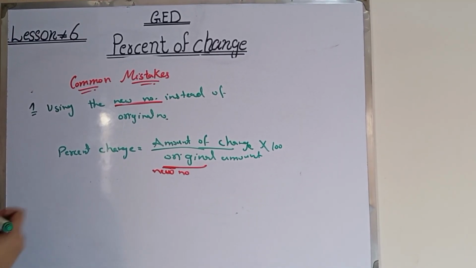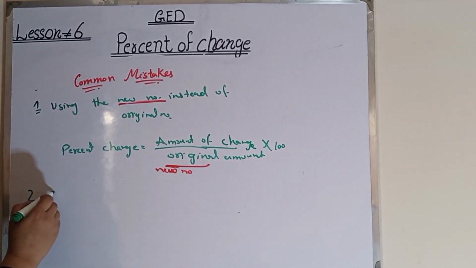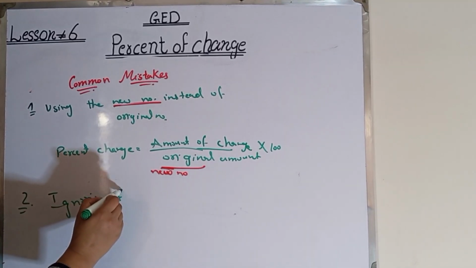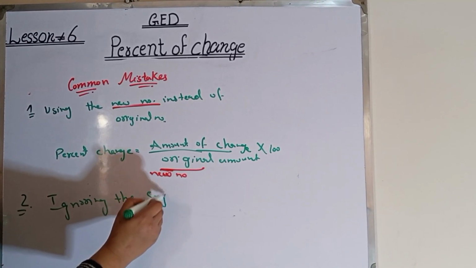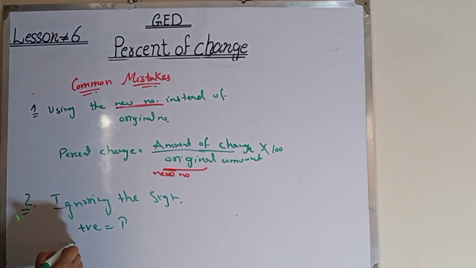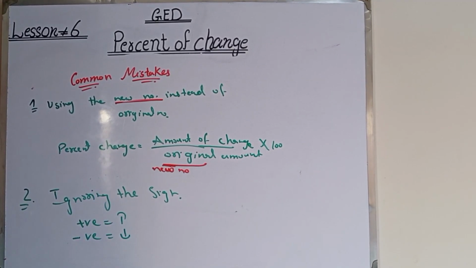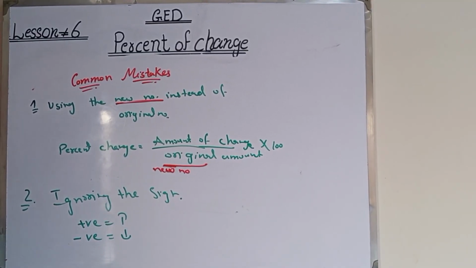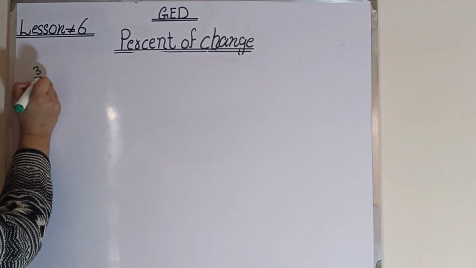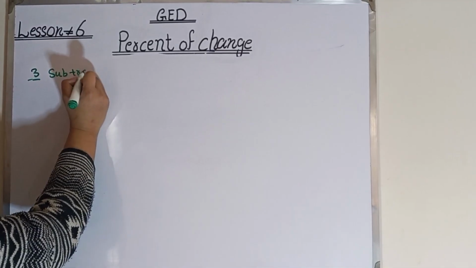And the second point, ignoring the sign. Positive for increase, negative for decrease. It's very important. Next, subtracting in the wrong order.